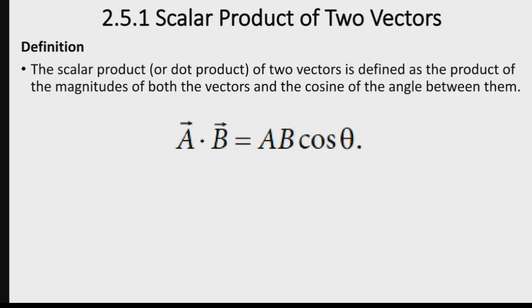Scalar product of two vectors. Definition. The scalar product of two vectors is defined as the product of the magnitudes of both the vectors and the cosine of the angle between them. So the formula is A vector dot B vector is equal to AB cos theta.